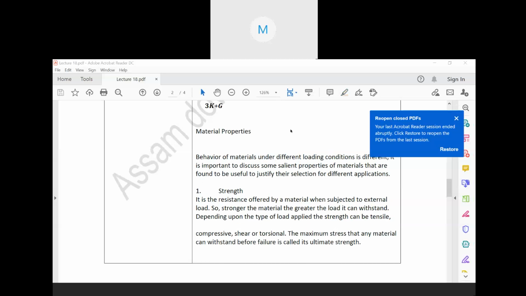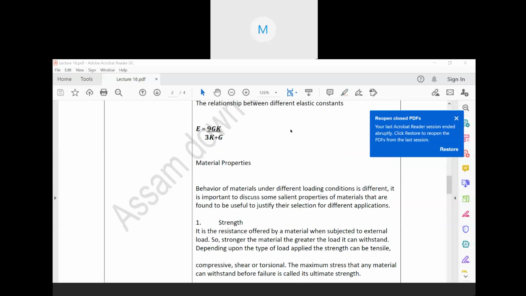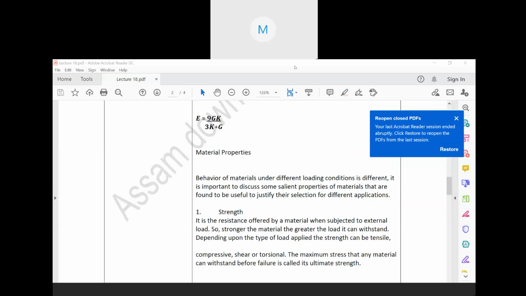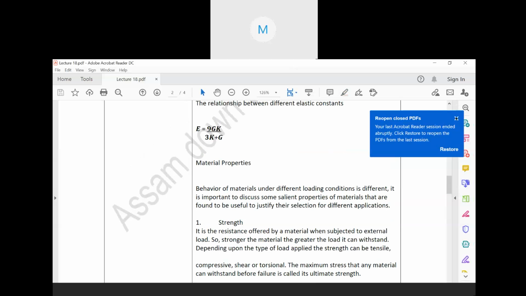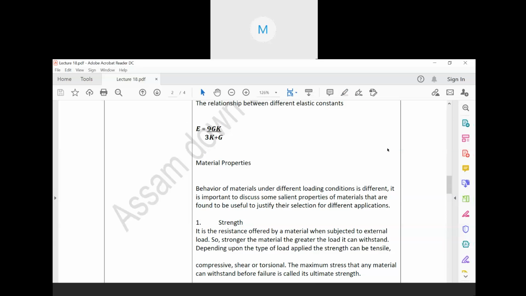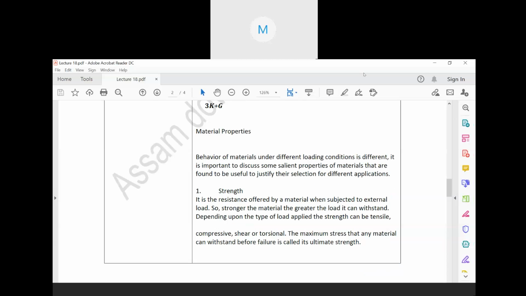So, in the last class, we discussed the different material properties. So, what are actually material properties?